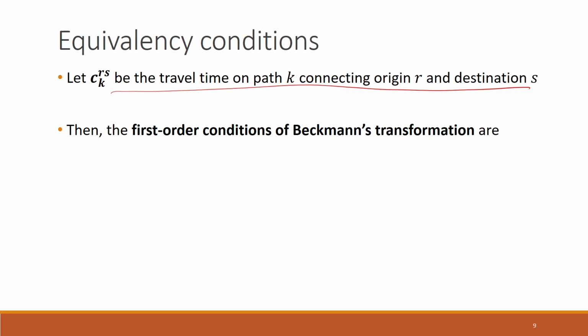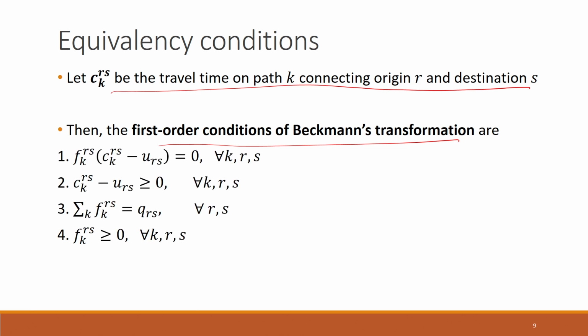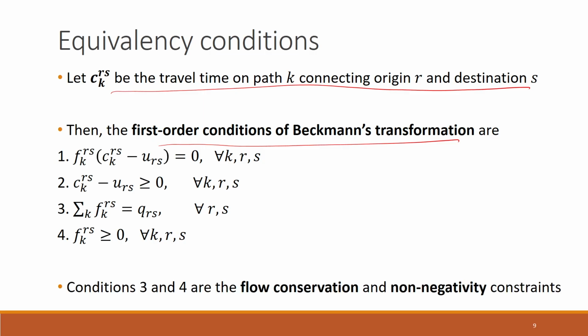So the first order conditions, that is the KKT conditions of Beckmann's transformation, are as follows. These are the conditions here. If you closely notice, the last set of conditions here are the normal constraints that we have.